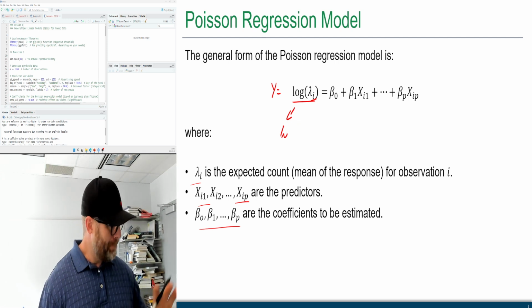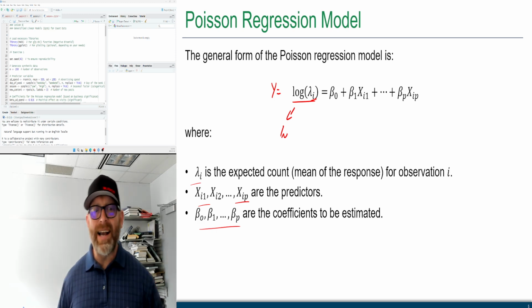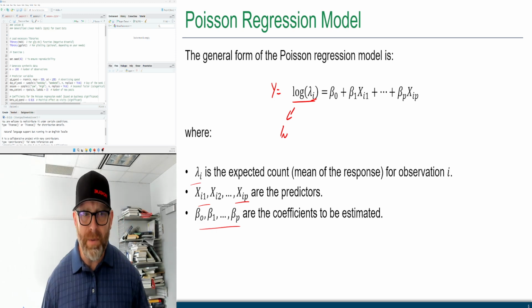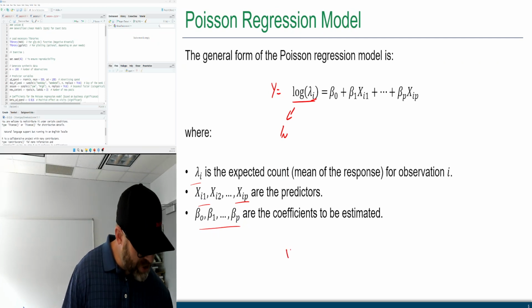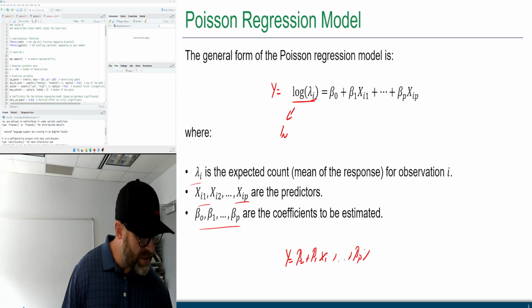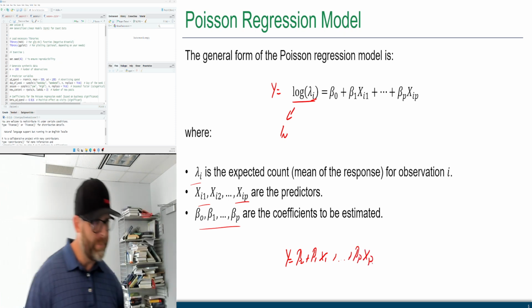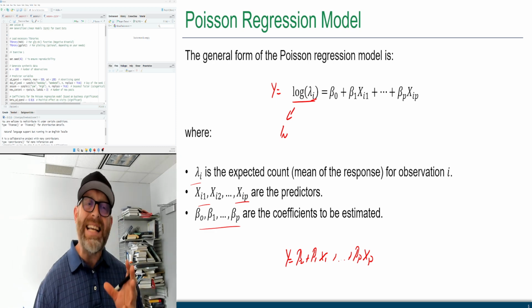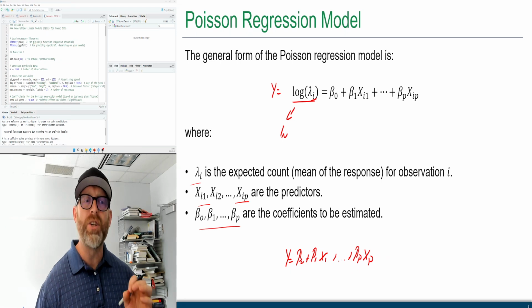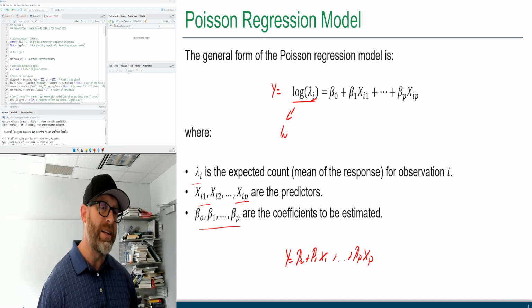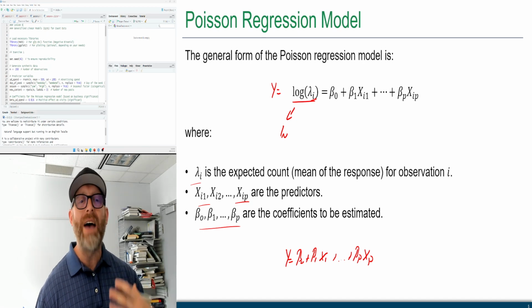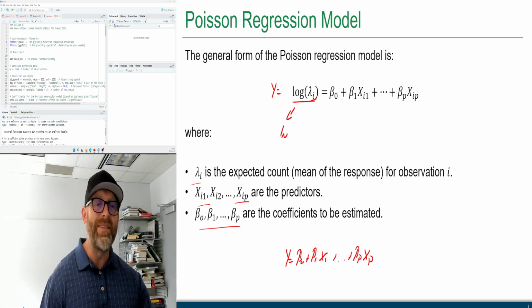Now, do keep in mind that how we interpret this is going to be different than how we interpreted things beforehand. Because if my model was simply just y is equal to some beta naught plus beta 1 x1 plus all the way up to some beta p xp, this model is easier for us to be able to interpret compared to the Poisson regression model. And why is that? Well, again, y is just the average outcome for specific given values of x.